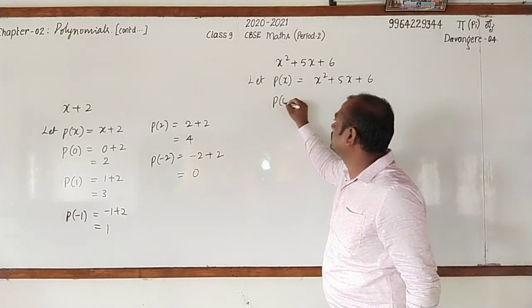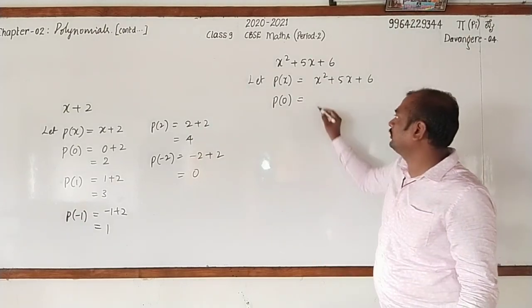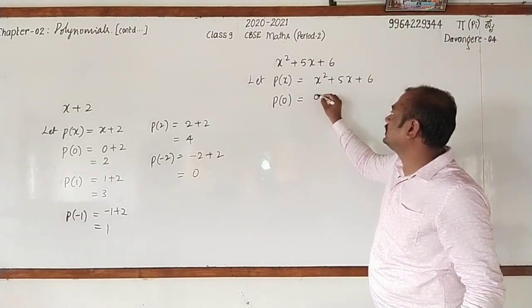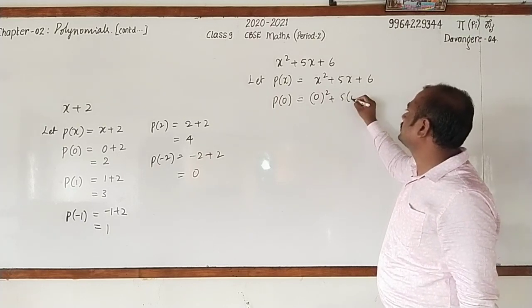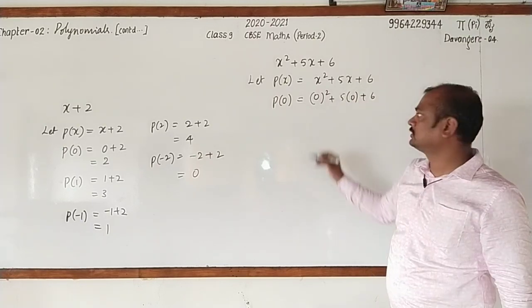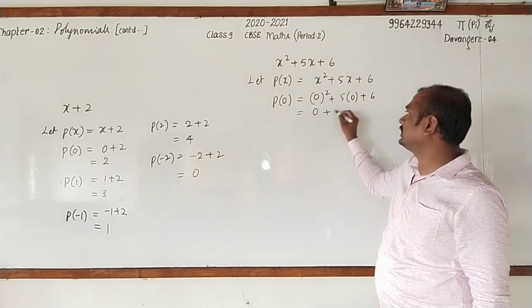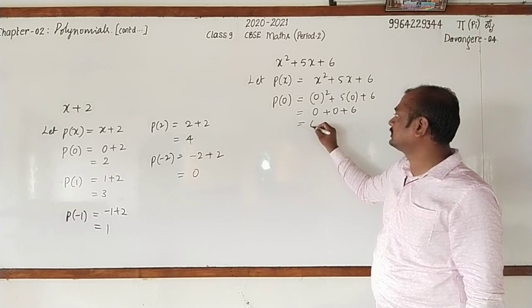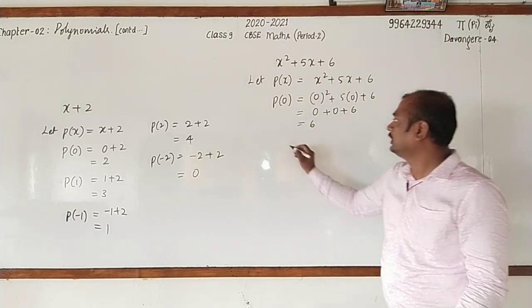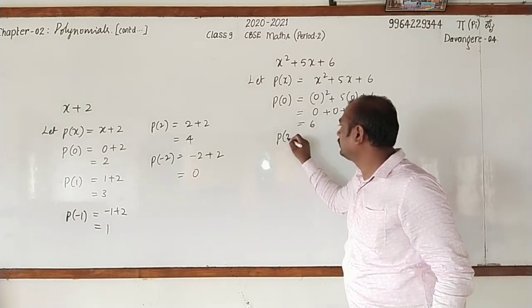So if it is 0, p of 0, now observe, 0 whole square plus 5 into 0 plus 6. What is 0 whole square? 0. 5 into 0, 0 plus 6. 0 plus 0 plus 6. It is 6.